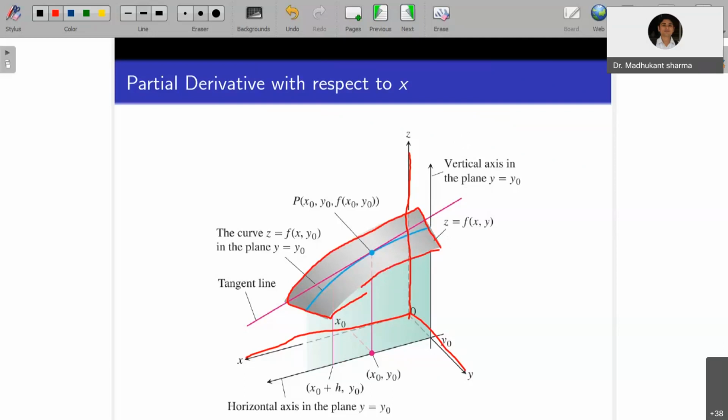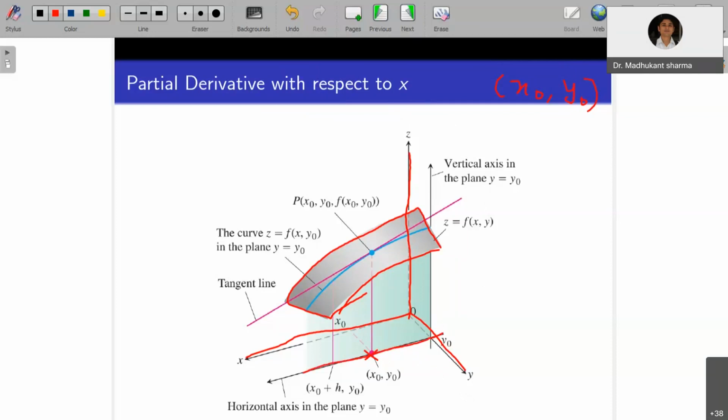Okay, and I'm dealing with the partial derivative with respect to x, and I want to understand the partial derivative at the point x naught y naught. I have already mentioned that when you deal with respect to x, you have to treat y as a constant, so y equals y naught. So this is the x naught y naught point in the xy plane. Y is fixed, meaning y equals y naught.